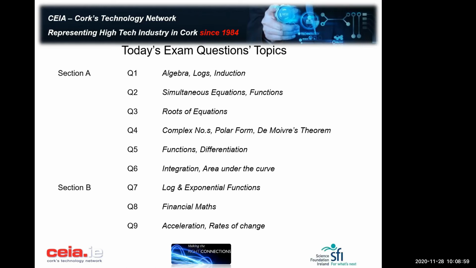Now they're looking for more difficult questions like getting the area under the curve. Then in section B, you have log and exponential functions. Question 8 is financial maths, and question 9 is acceleration and rates of change, which would come from your differentiation.